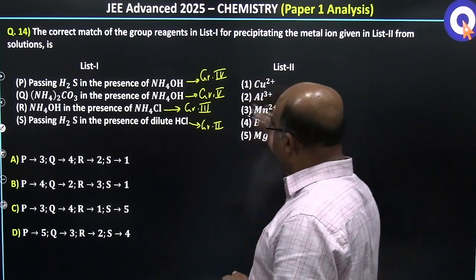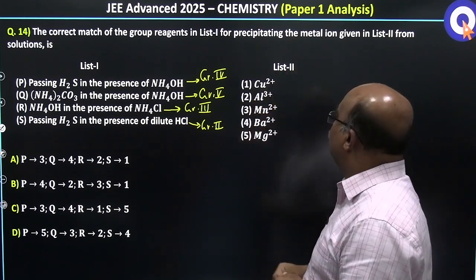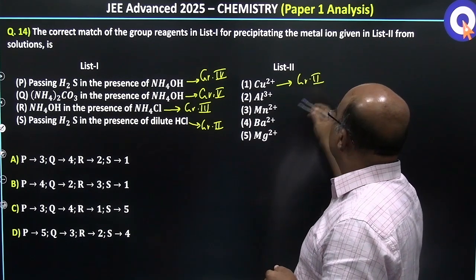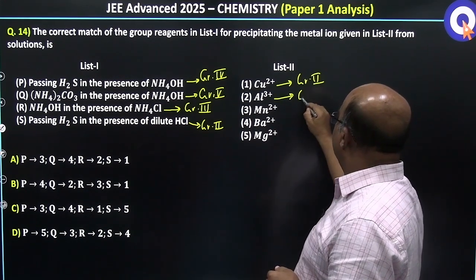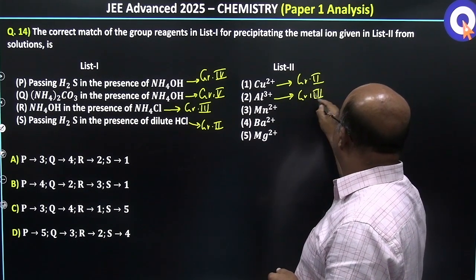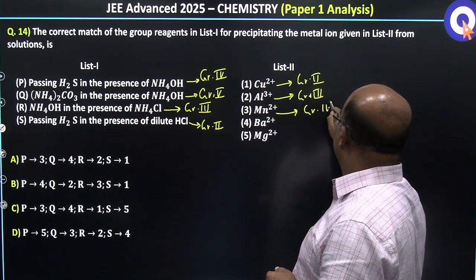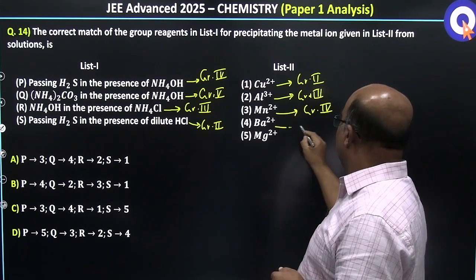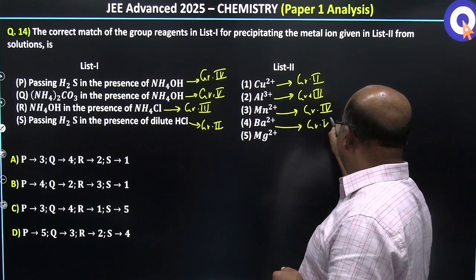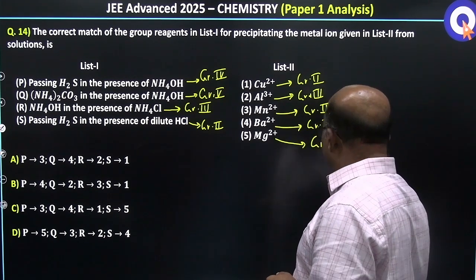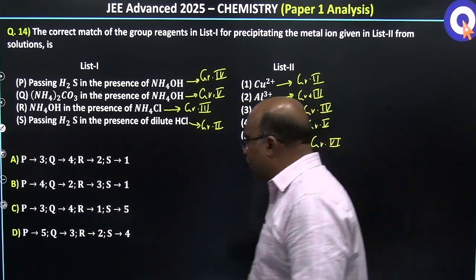So let us just see the cations which are there in the list 2. This is group 2. Aluminum is group 3. Manganese is group 4. Barium is group 5. Magnesium is group 6. Anyhow, you don't have a magnesium reagent anywhere.